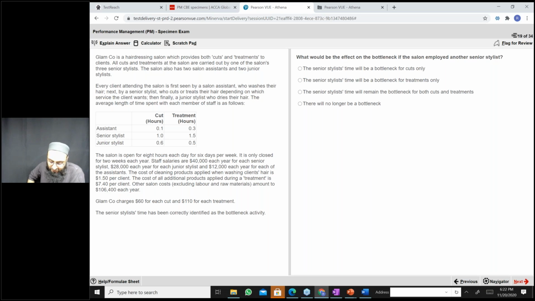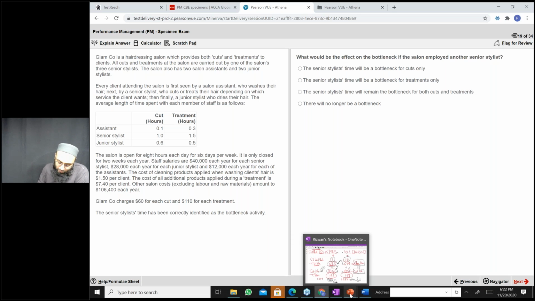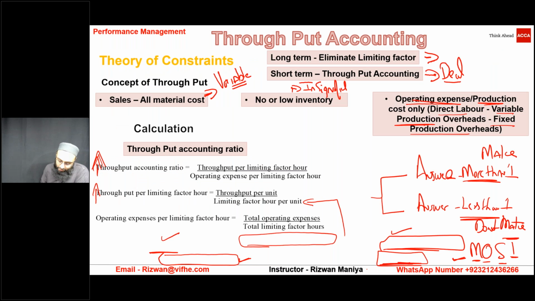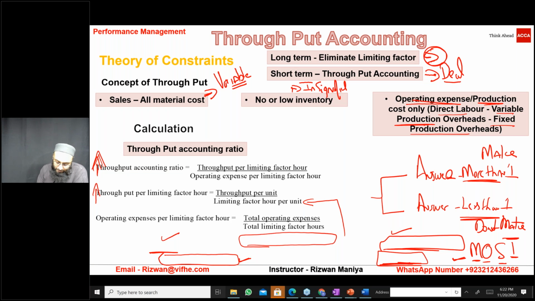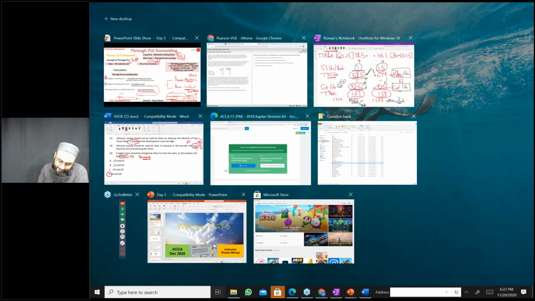What would be the effect on bottleneck if salon employed another senior stylist? Okay. Now, guys, tell me. I started the topic today by explaining the basics, and the basics were that if you eliminate a bottleneck, this will give rise to another bottleneck. Do you remember that, guys? Okay, so right now, as per this question, senior stylist is the bottleneck.